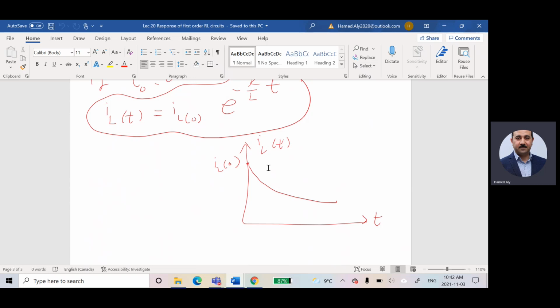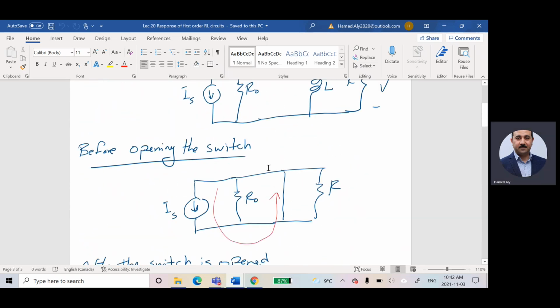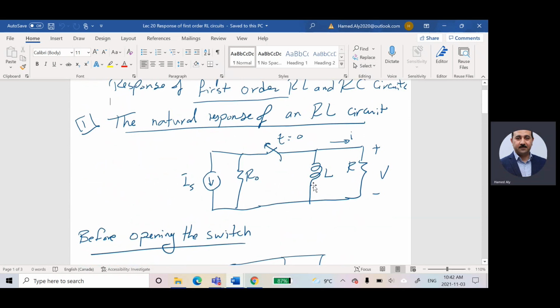But before I start talking about those equations, I mentioned in the previous class that the current, in case of the inductor, is not changing instantaneously. Which means what? It means if you are talking about the current in this guy, immediately before moving the switch, imagine immediately before moving the switch, the current was IL of 0 negative.